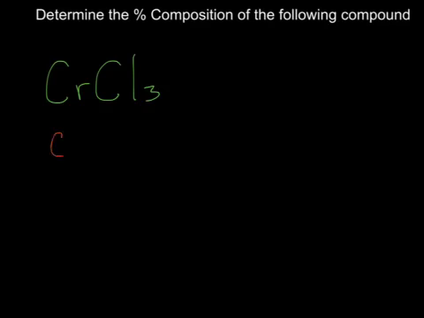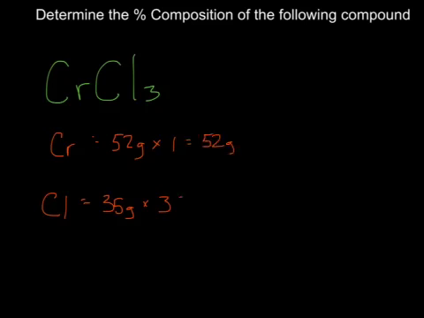Okay, look at chromium chloride. Chromium is 52 grams. Chlorine is 35 grams. All right, we have 1 chromium. We have 3 chlorine. That's going to give us 52 grams, and 35 times 3 is 105 grams. And our molar mass is going to end up being 157 grams.